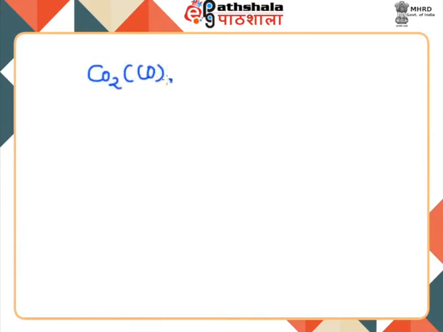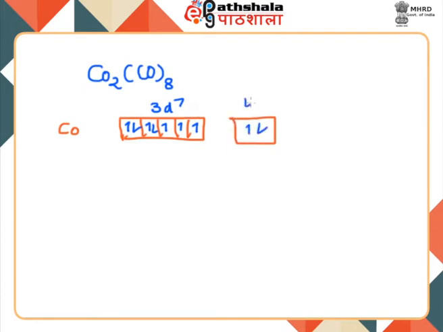Let us try to understand the formation of dicobalt octacarbonyl, and for that let us consider the ground state of the cobalt atom, that is, its electronic configuration. What we have is 3d7, 4s2, and 4p0.